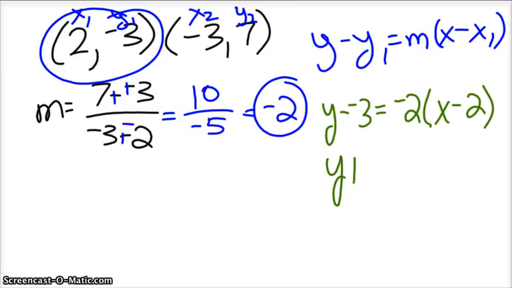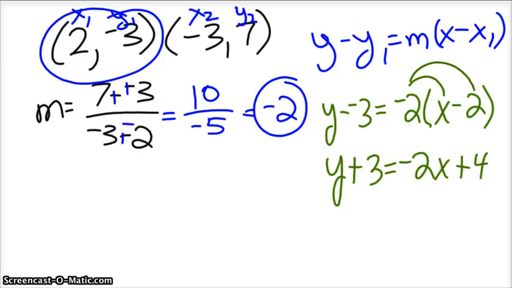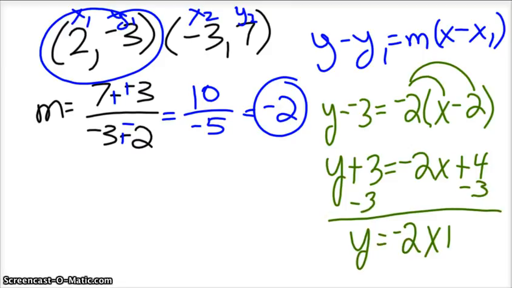Turn this to y plus 3 equals -2x plus 4, because it's a negative times a negative right here. And subtract 3 from both sides. Y equals -2x plus 1 generated that equation for that line in question 4. Moving on then to number 5. In number 5 it says parallel, and parallel lines have the same slope.